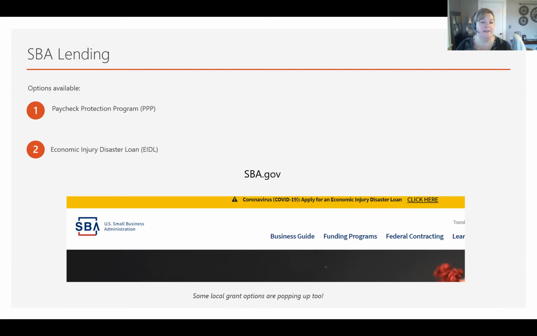Part we didn't cover is fees. So the economic disaster loan, again, you're applying for it straight on SBA.gov. There are lots of resources and private lending people that will help you apply for that if you want. For that, they will charge a fee. They can't charge more than $2,500.